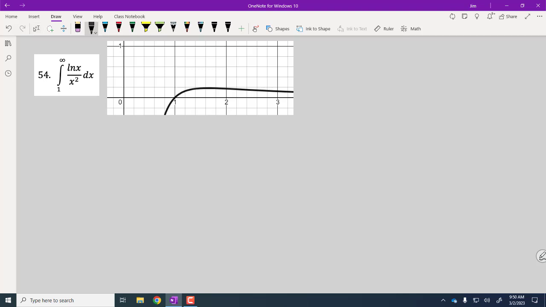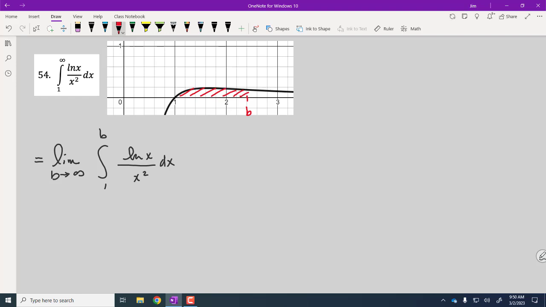So certainly we know it's improper. So we're going to do the limit as b goes to infinity, 1 to b. What we've done is turned it into the limit of a definite integral. So we're imagining our b right wherever. We'll just put a picture right there.